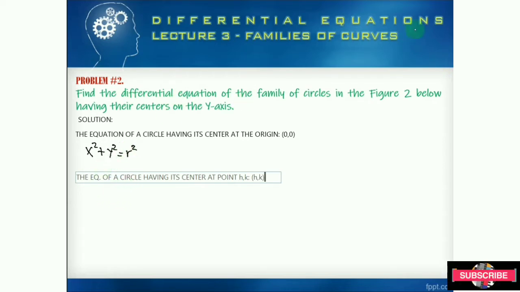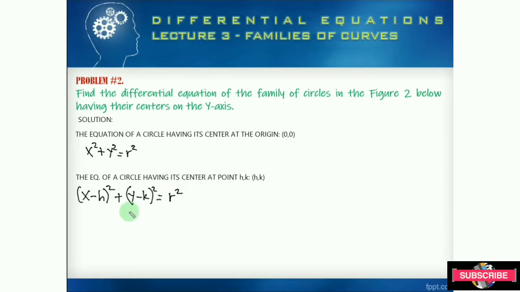could be this one. Okay, this would be (x minus h) squared plus (y minus k) squared is equal now to r squared.